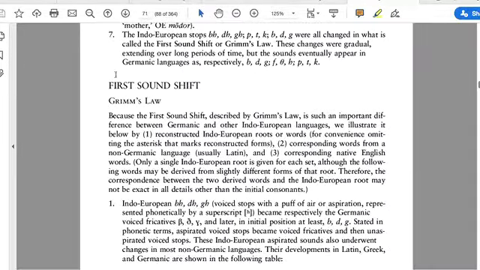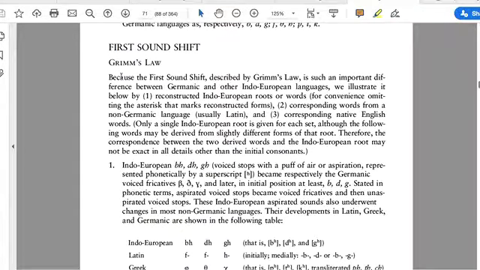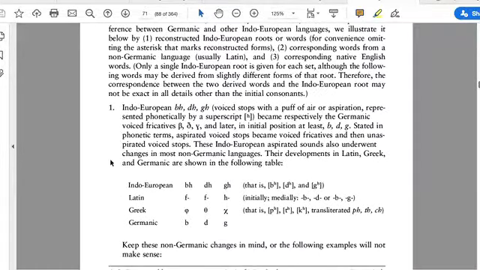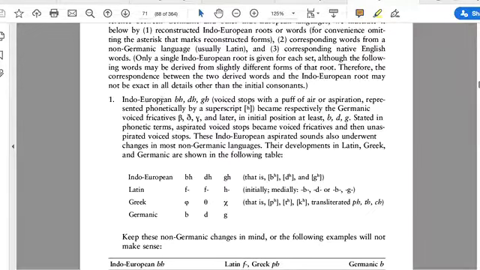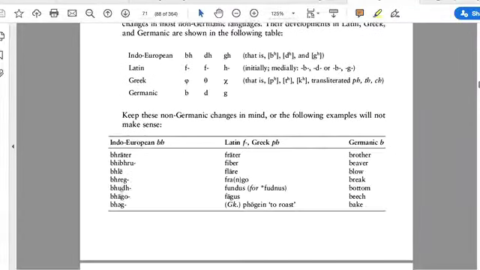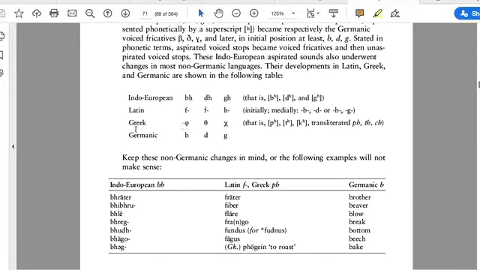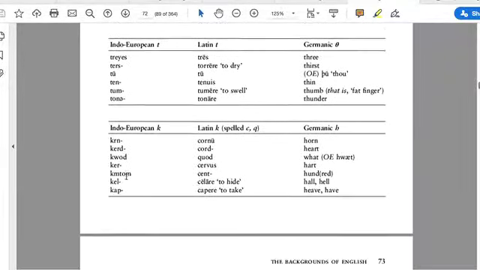Okay. And then I want you to start reading through some sound shifts. You can skip the first sound shift. You can read it if you like. It does talk about some of the phonetics that they know about Indo-European languages, and then it compares it to Germanic languages versus the other Indo-European ones that we have a lot of evidence from.